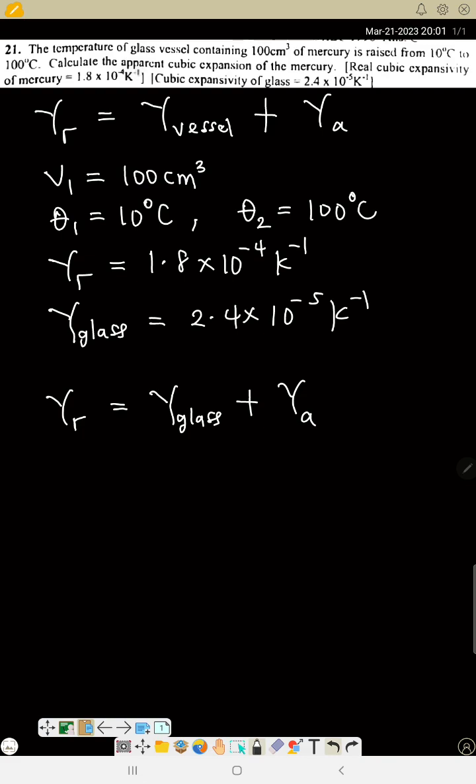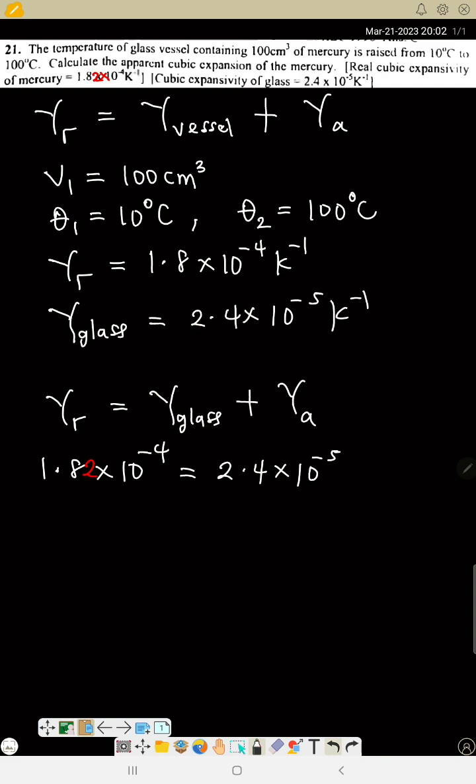So the real cubic expansivity of mercury, 1.8 times 10 raised to power minus 4, equals the cubic expansivity of glass, 2.4 times 10 raised to power minus 5, plus the apparent expansivity. I'm removing the units. But please take note of something here: there is a mistake. This is 1.82, there is a 2 here. 1.82 times 10 to the minus 4, take note.